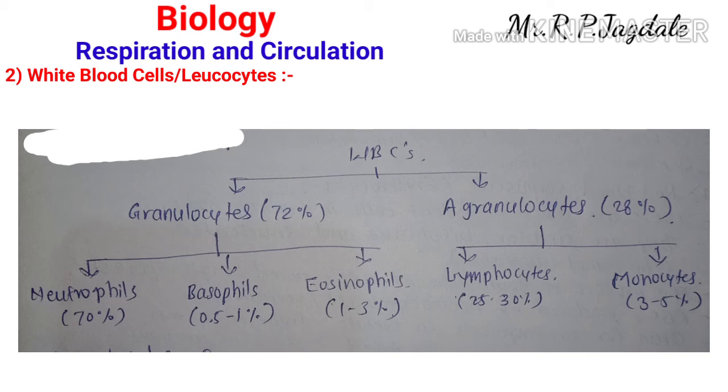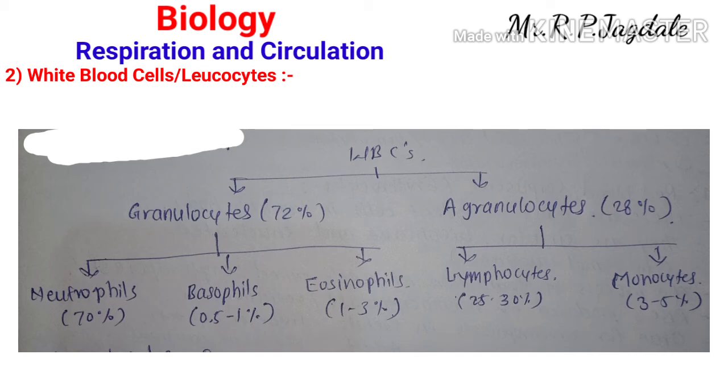Out of the total WBCs, 72% are granulocytes and the remaining 28% are agranulocytes. Again, that 72% of granulocytes is going to divide into three types: neutrophils, basophils and eosinophils.